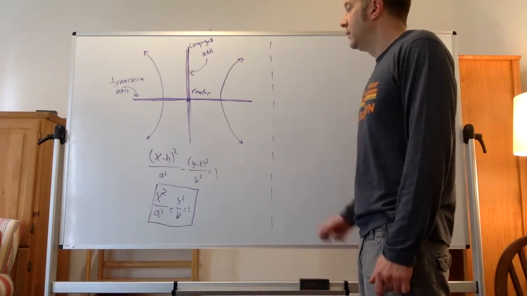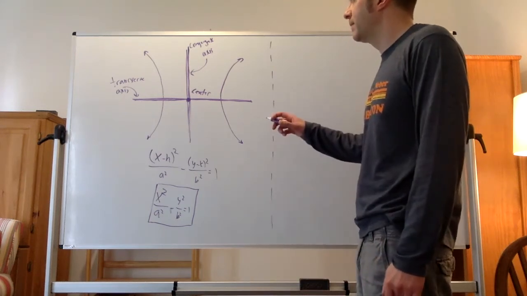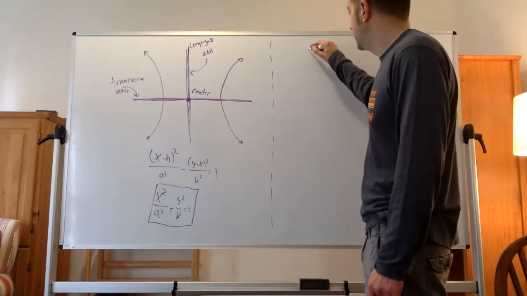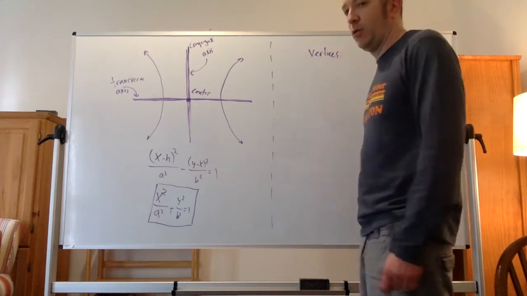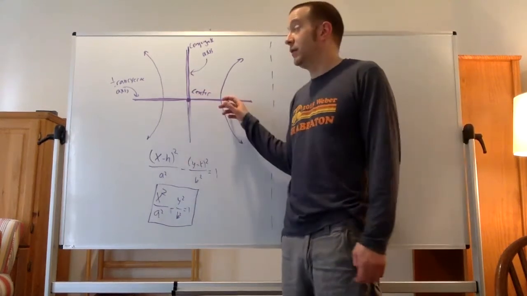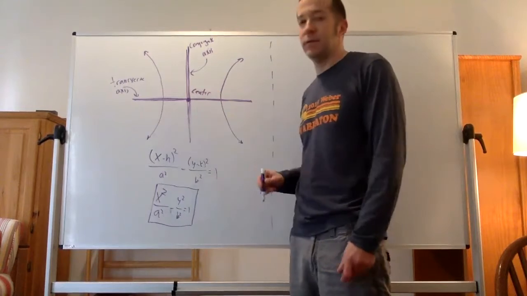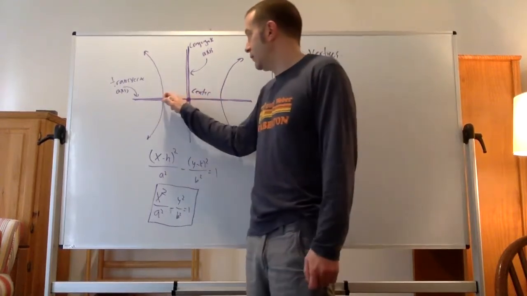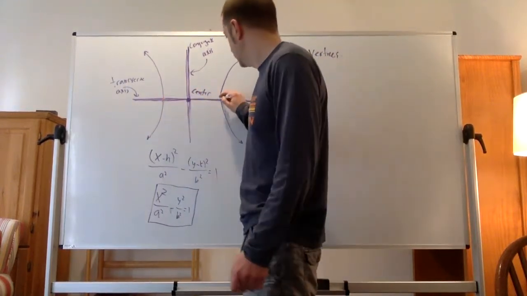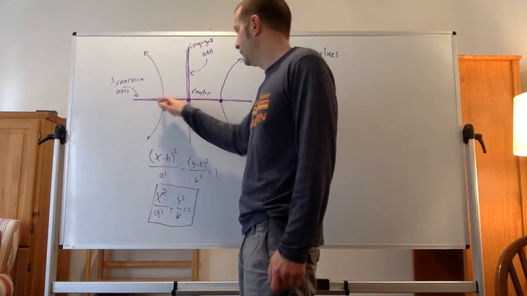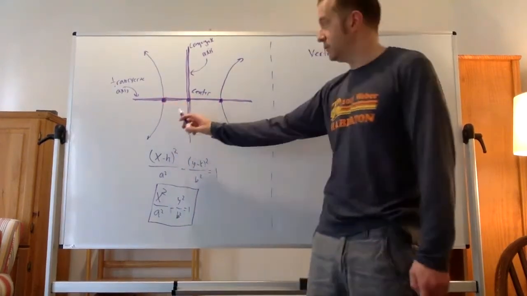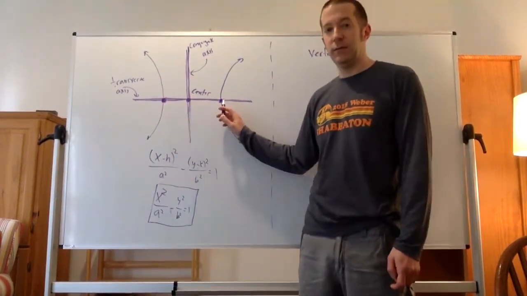So the vertices, they're the points on the hyperbola where it crosses the transverse axis. So that's going to be this point here, this point, and this point. These are going to be the vertices right here and right here.